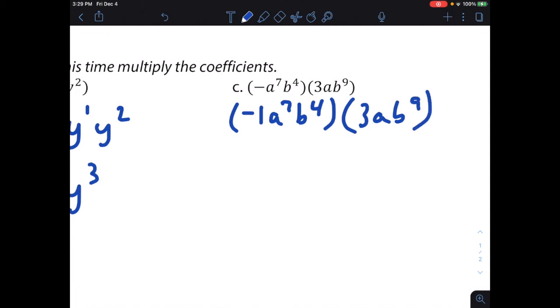I did that because it's easy to forget that there's a coefficient where that -a to the 7th is. If we write that 1 in there, we know we have -1 times 3, so that becomes -3. Then I'm going to put a 1 on that a, so I remember it's a to the 8th, and b to the 13th if we add those exponents together.